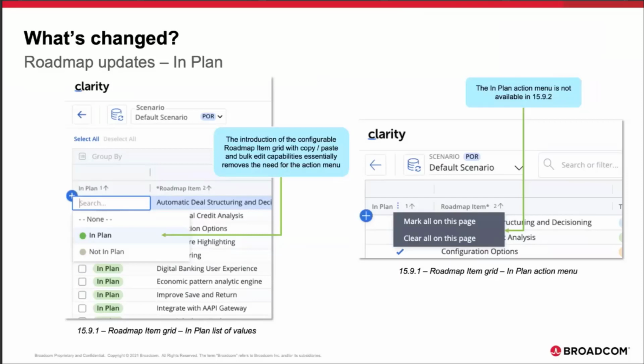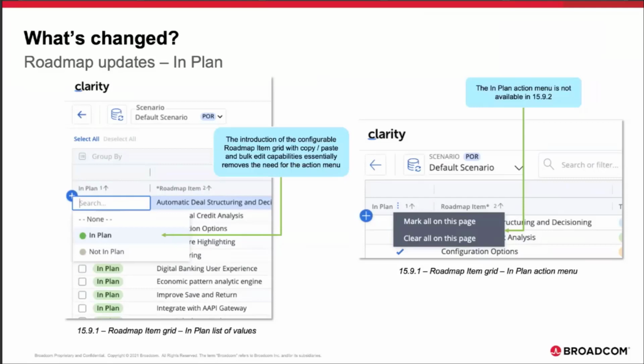On the right-hand side, when you're on the grid for marking, there's an action menu, an ellipsis, you open that up and you mark all things on the page in plan, or you remove all things from in plan on that pop-up. In 15.9.2 on the left-hand side, that in plan option is actually a pull down. So you've got that capability right there.